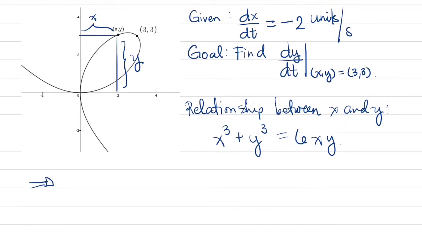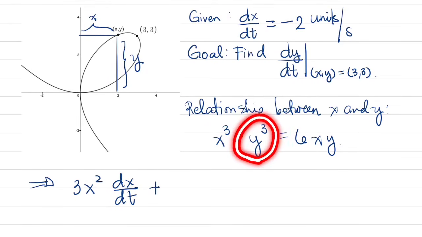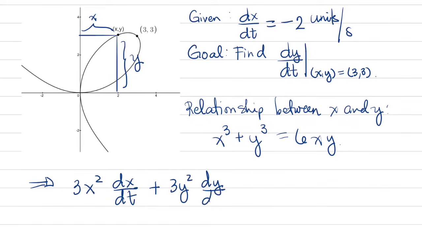Okay. So first, what is the derivative of x cubed? That is 3x squared dx dt plus, what is the derivative of y cubed? It is 3y squared dy over dt, and this is equal to 6 times the derivative of xy.